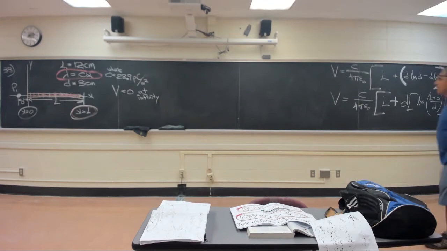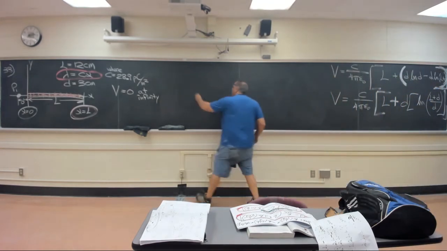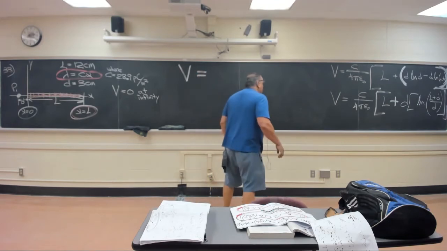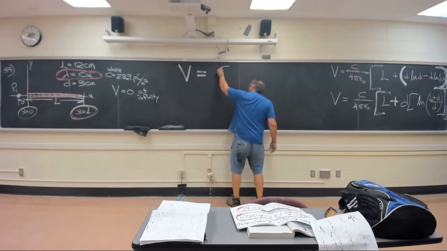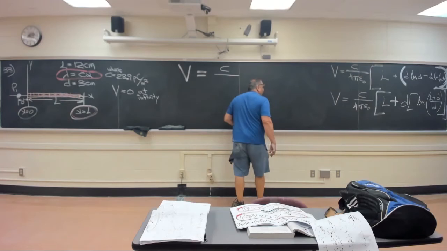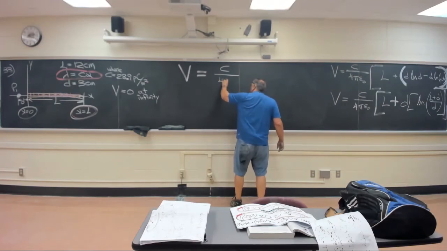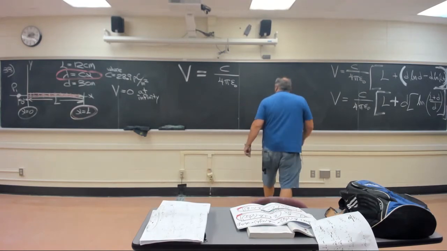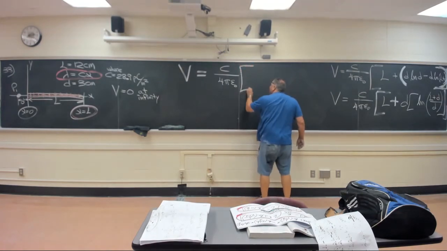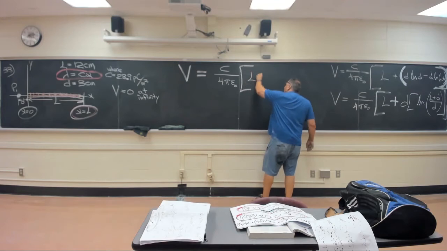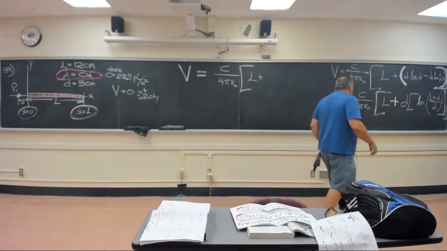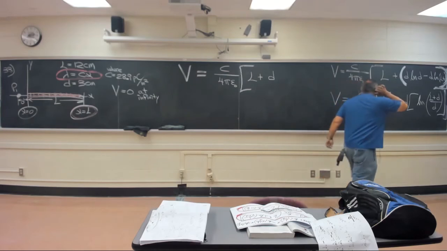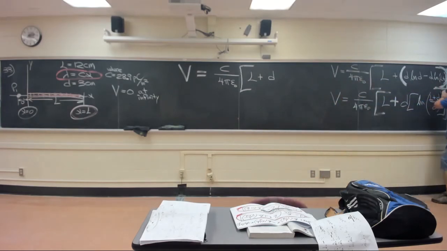What do we got? Well, we got C over 4 pi epsilon naught, L plus D. And there's a lot you can do with the D. You could have brought the D up here as an exponent.